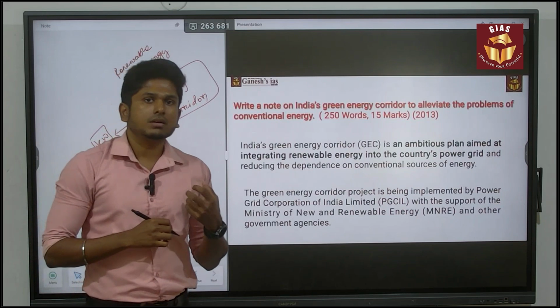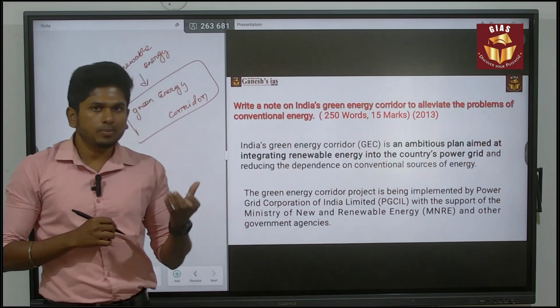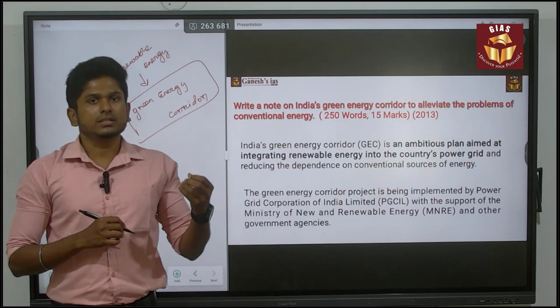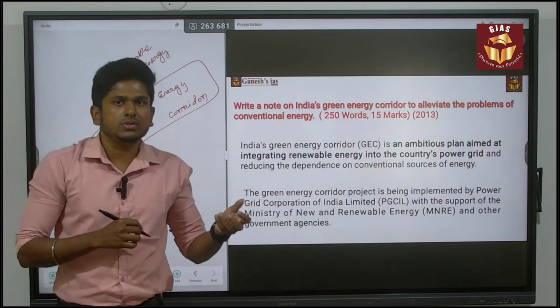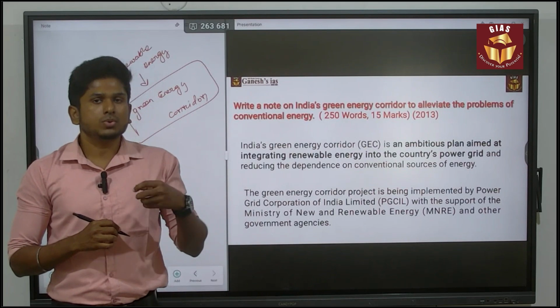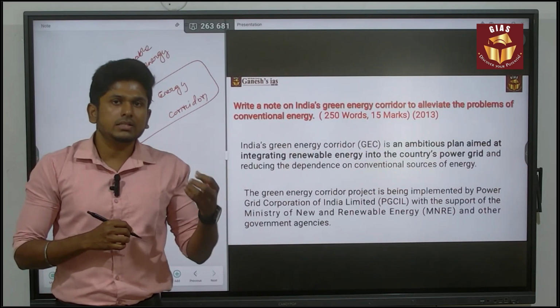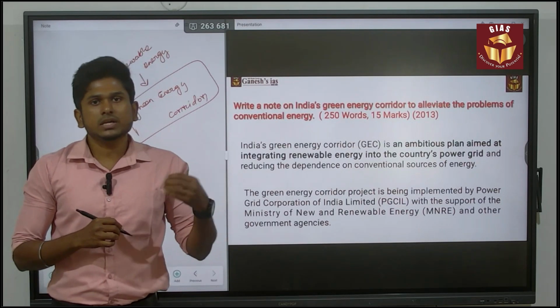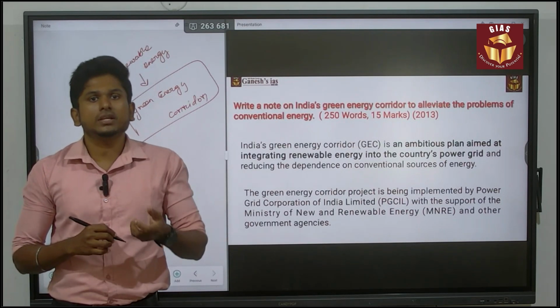Green energy corridor is nothing but supplying or transmitting the energy from the energy rich region to the region that has a deficit of energy sources. So it is about transmitting the renewable energy from the energy rich region to the energy deficit region.